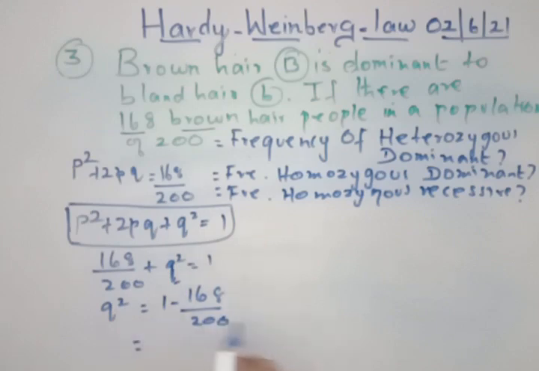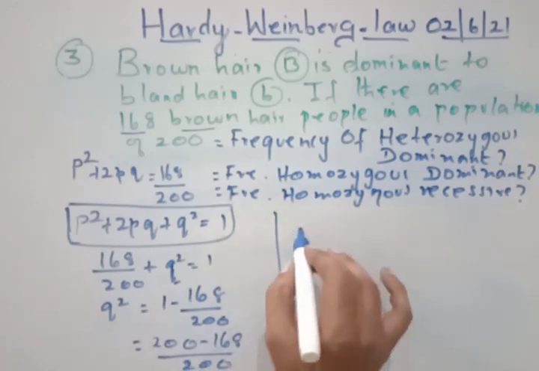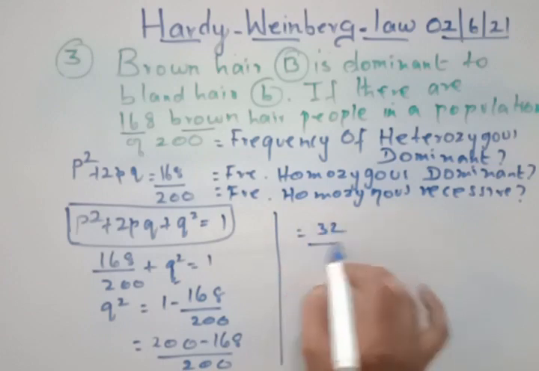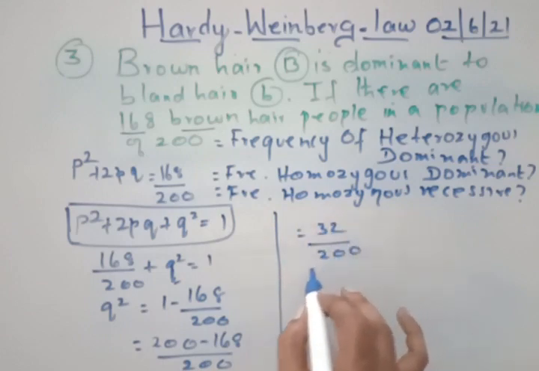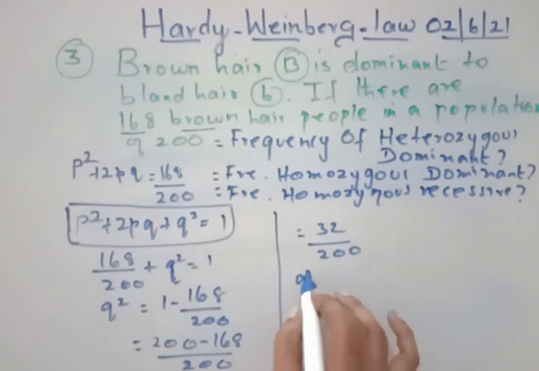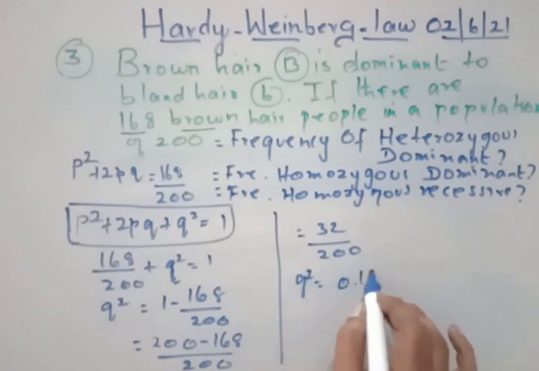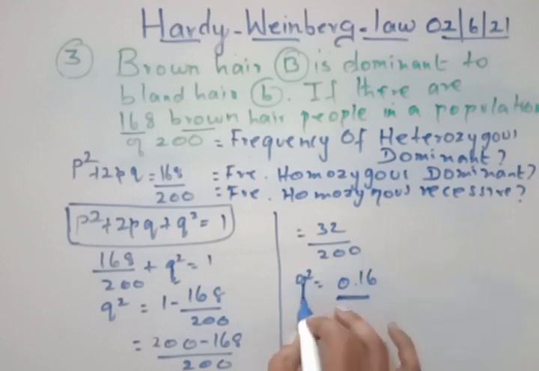To make this equal, 200 into 1, so you get 200 minus 168 divided by 200. Now what will you get? 32 divided by 200, and the value is 0.16. This is the Q square value.